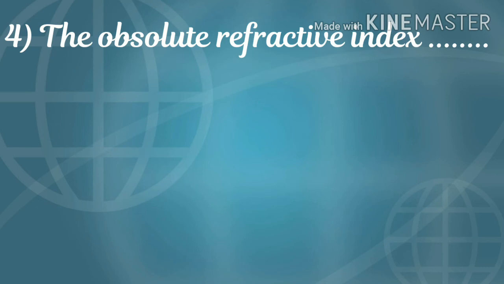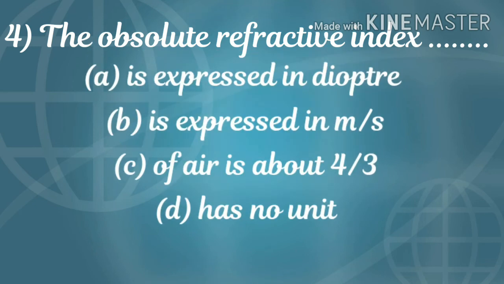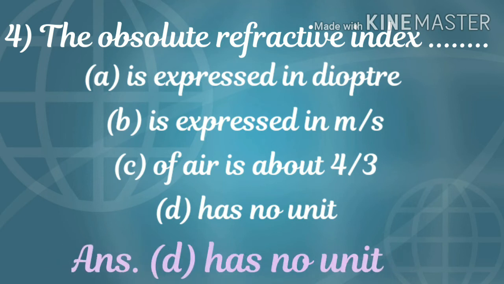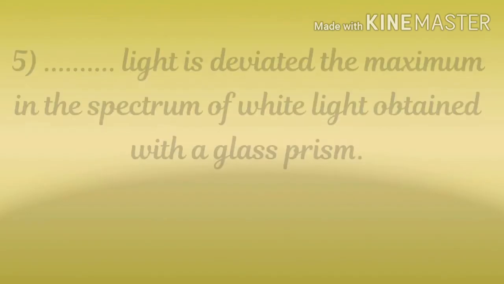The absolute refractive index dash. Options are A. is expressed in diopter, B. is expressed in meter per second, C. of air is about 4/3, and D. has no units. And the correct answer is option D, has no units.